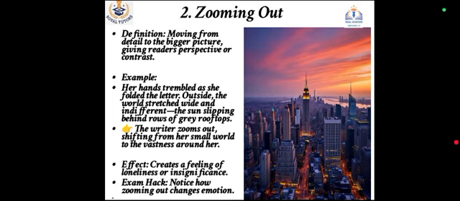Outside, the world stretched wide and indifferent, the sun sleeping behind rows of grey rooftops. Here the writer zoomed out, shifting from her small world to the vastness around her. The effect is to create a feeling of loneliness or insignificance. Exam hack: notice how zooming out changes emotion.